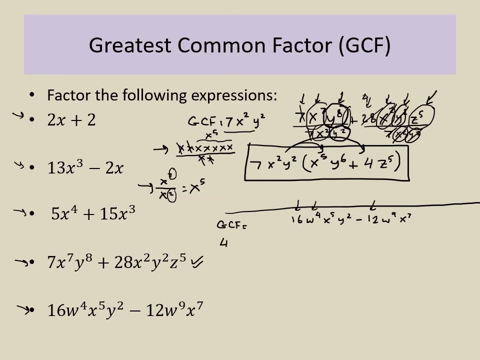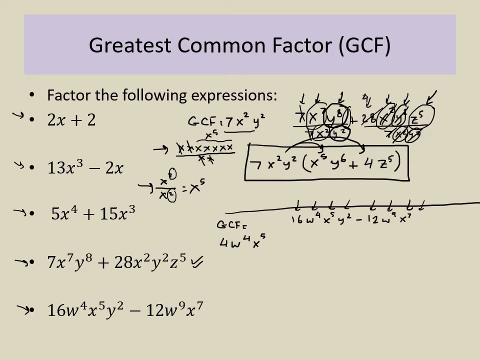Then w to the power of 4, w to the power of 9. Use the one with the smallest exponent, so we can factor out a w to the power of 4. Then we have x to the power of 5 and x to the power of 7. We can factor out x to the power of 5. Then we have y squared, no y on the other side, so that's it, we cannot factor it.